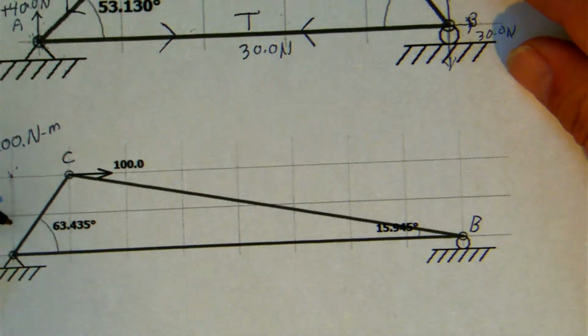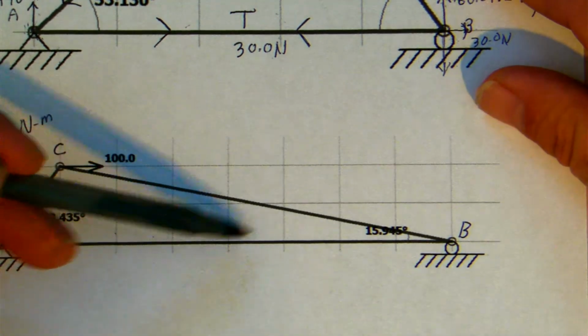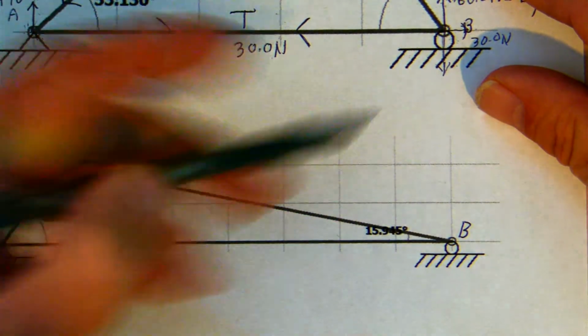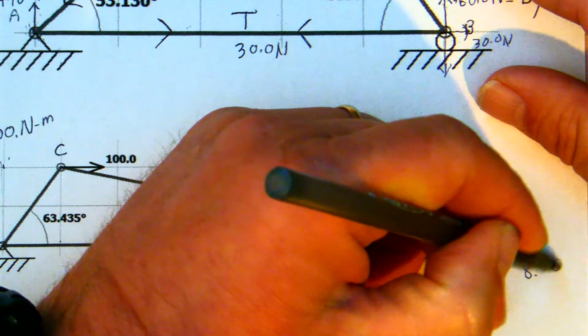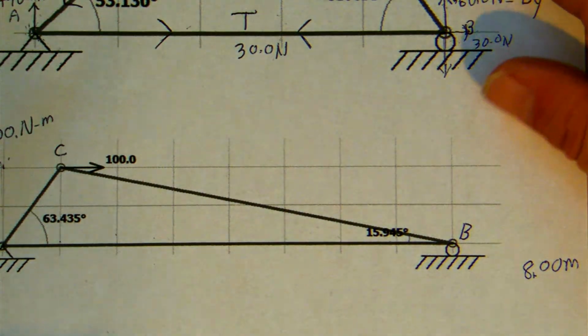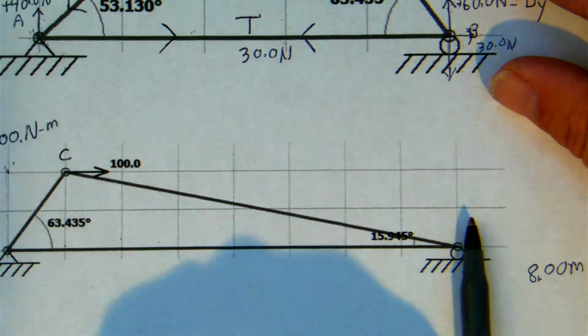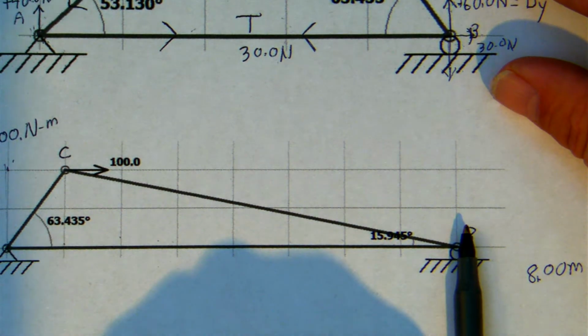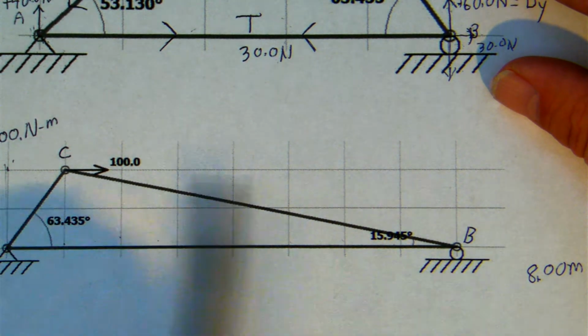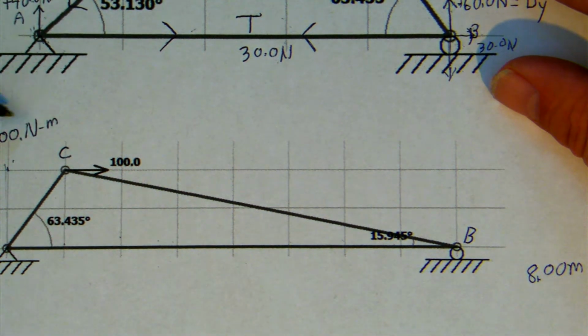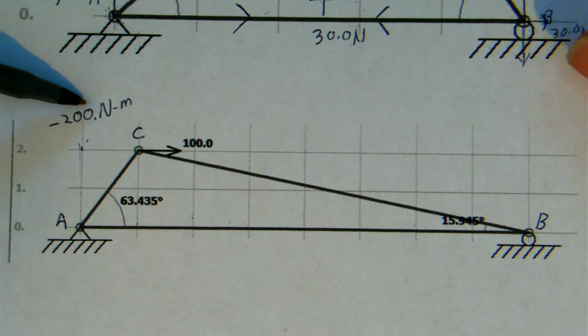The distance from A to B is 1, 2, 3, 4, 5, 6, 7, 8 meters. And therefore, the product of R and the reaction force at B has to be equal to positive 200 Newton meters of moment.